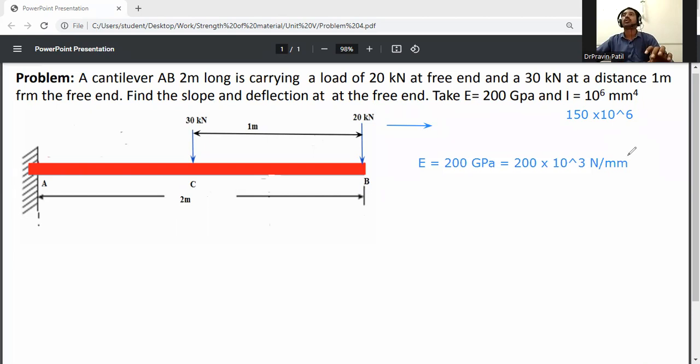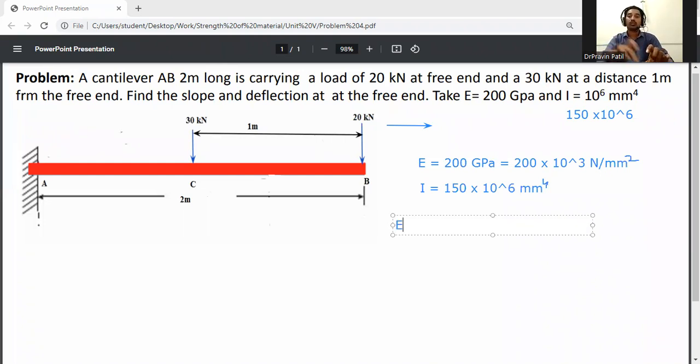Next is the moment of inertia. I is equal to 150 into 10 raised to the power 6 mm raised to 4. So calculate EI.